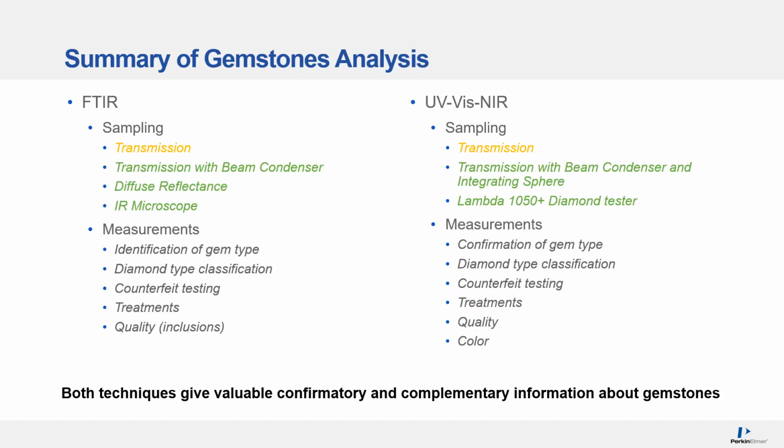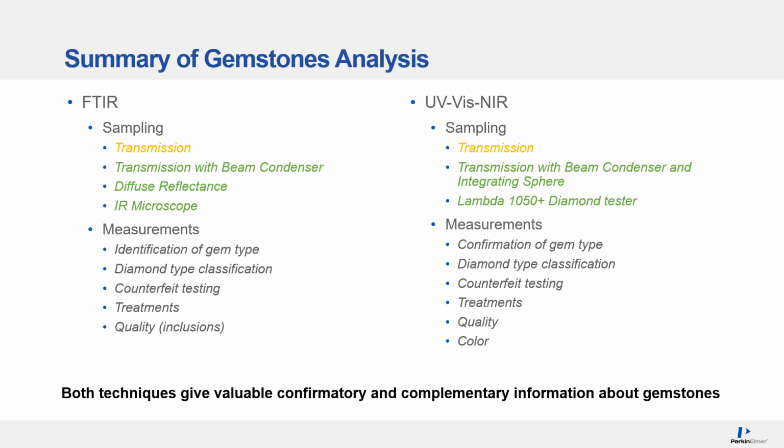So, here we have a summary of the presentation. Both FTIR and UV-Vis-NIR are extremely useful instruments for the measurement of gemstones. The FTIR can be used with both transmission and diffuse reflectance sampling and has the added benefit of being able to look at the samples on a microscopic scale using an FTIR microscope or imaging system.